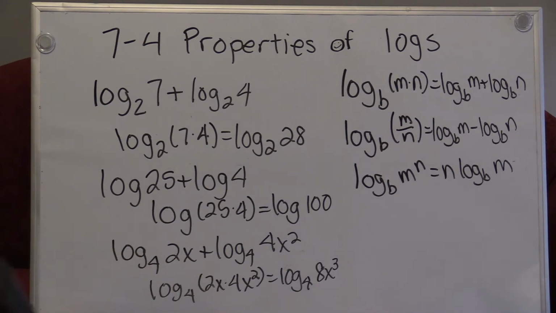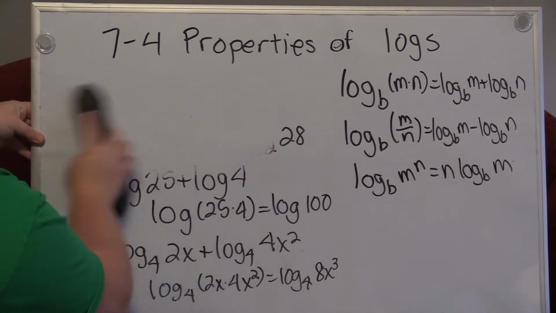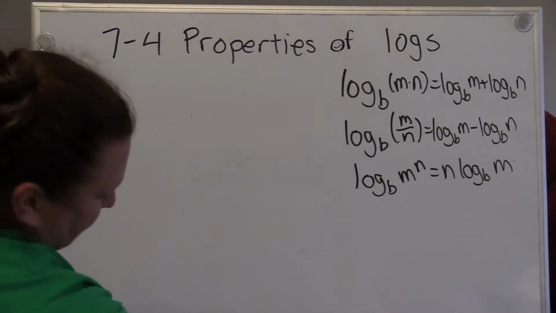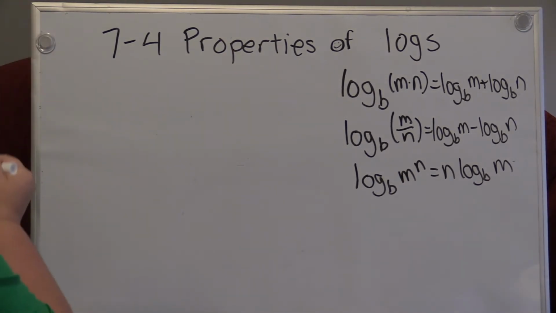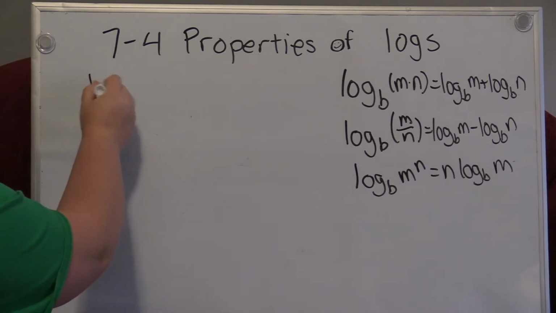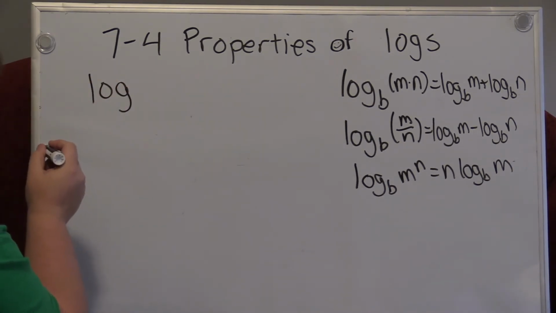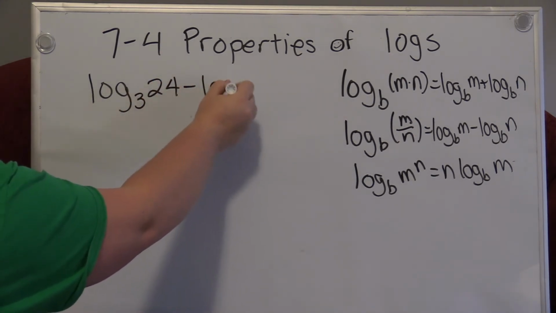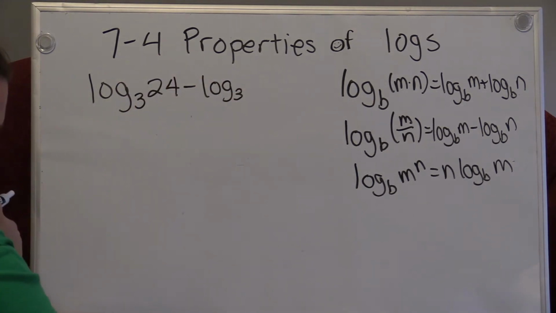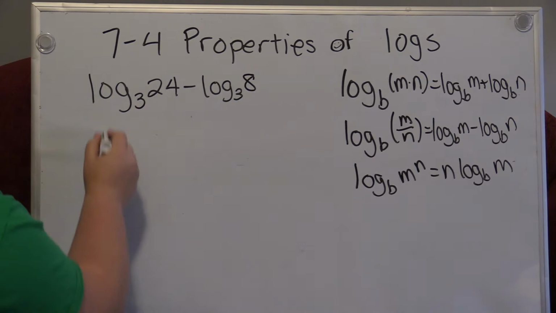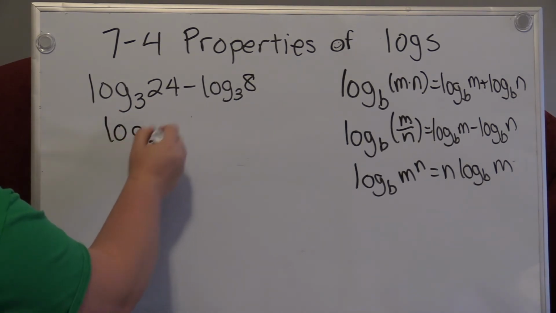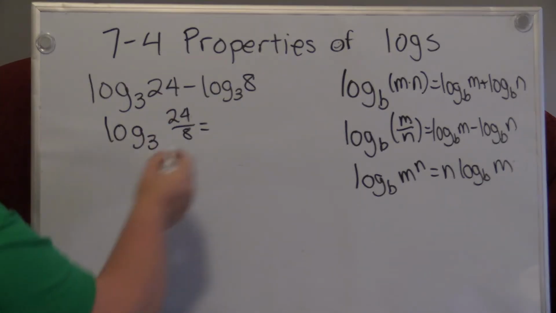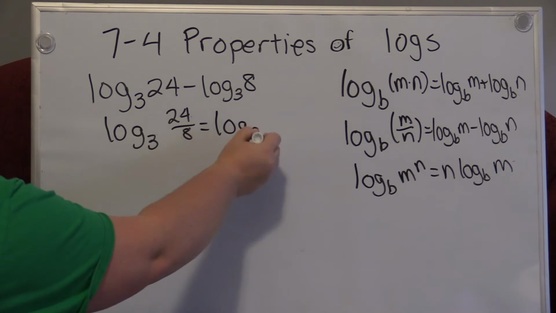Now we're going to move on to the quotient property. Log base 3 of 24 minus log base 3 of 8 becomes the log base 3 of 24 over 8, or simply the log base 3 of 3.